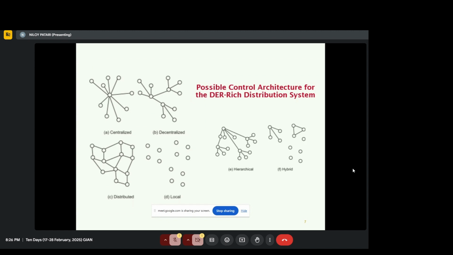So centralized means that you gather data throughout the network and bring it to a centralized unit. The centralized unit that I'm talking about, generally in distribution systems, would be the distribution management system, or the ADMS, which is generally present at the substation end. They gather data throughout the network and bring it to the ADMS.